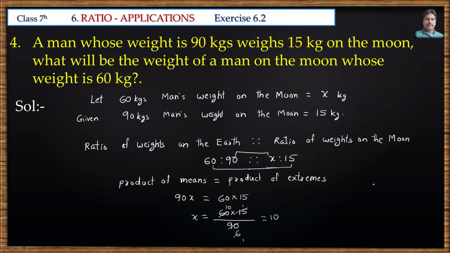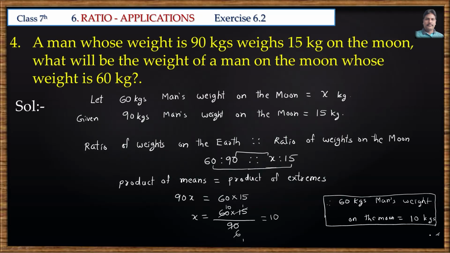X value is 10. Therefore 60 kgs man's weight on the moon is equal to 10 kgs. This is our answer.